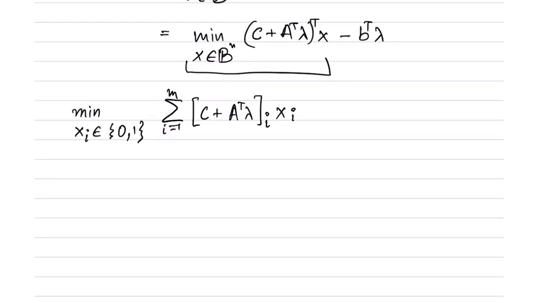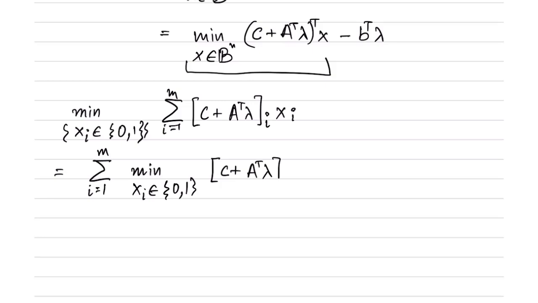This objective function is separable in terms of xi, and the constraints also. So we can interchange the minimization and summation. The summation goes outside, and the minimization is with respect to xi instead of with respect to all x. So the objective is (c plus A transpose lambda)_i times xi, with the summation outside.